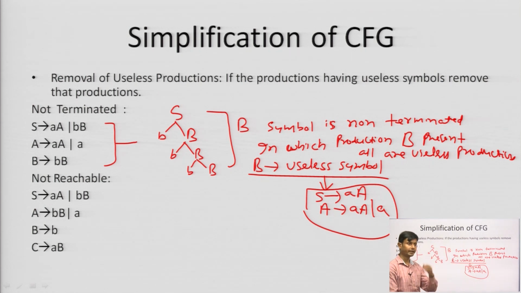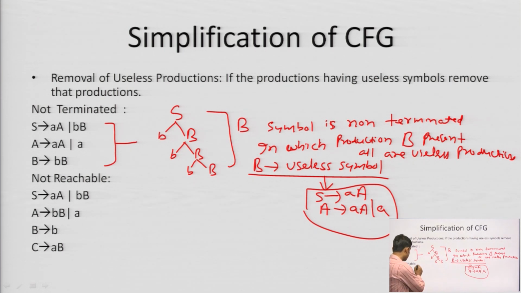Sometimes the question will ask how many useless symbols there are in your grammar. Sometimes it will ask how many useless productions there are. Useless production and useless symbol are different. A useless symbol is a particular variable, and wherever this useless symbol is present, all those are useless productions. So, these are non-terminated.